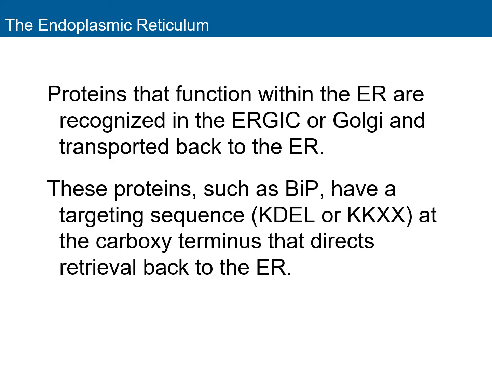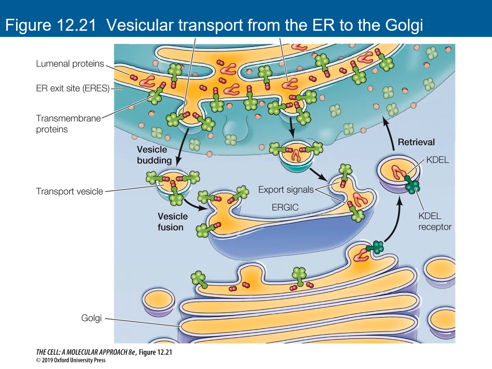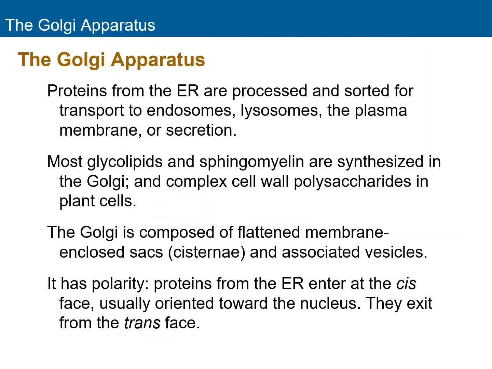So this slide just shows that sequence of KDEL, which is lysine, aspartic acid, glutamic acid, and leucine. Showing the same thing again. This is how things are moved back. I had duplicated this slide, the same slide that we just saw a couple of slides ago.